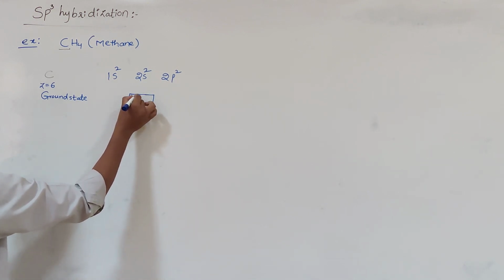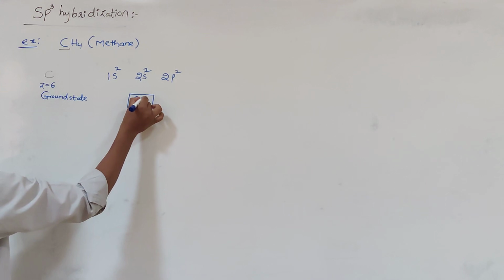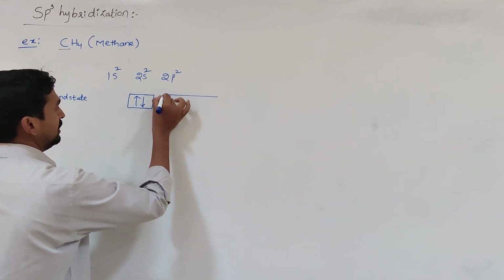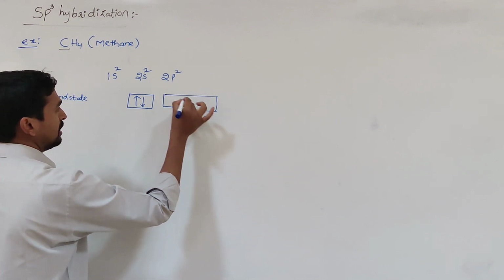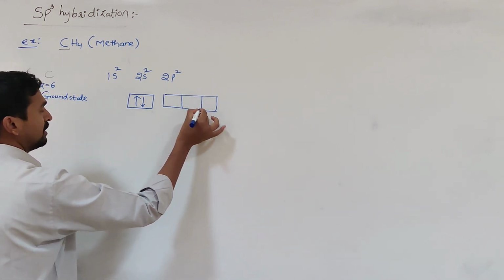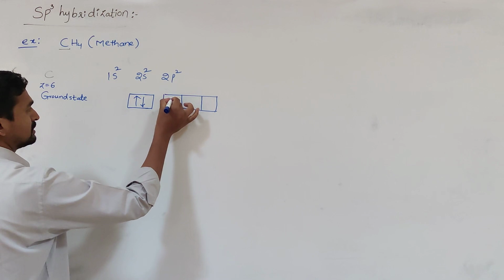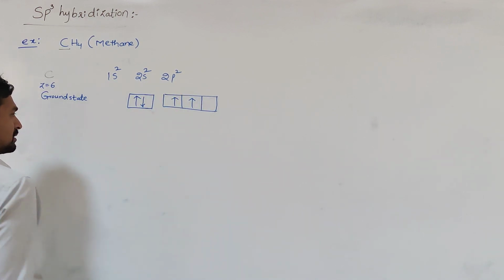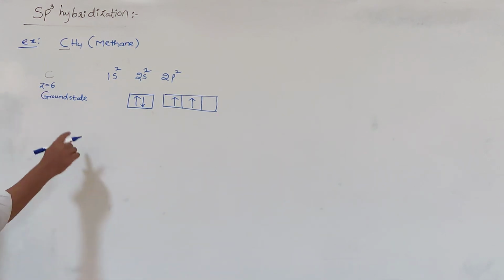In the 2s orbital, both the electrons are paired. In the 2p subshell, the 3 orbitals are there. Out of the 3 orbitals, 2 orbitals are filled with 1 electron each. We know very clearly that the ground state electronic configuration of carbon can explain the divalency of carbon.